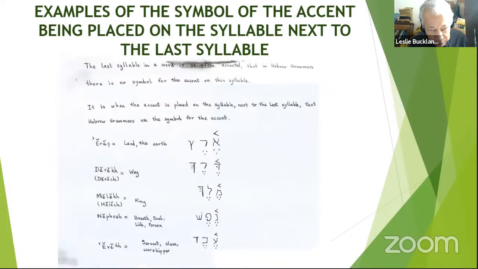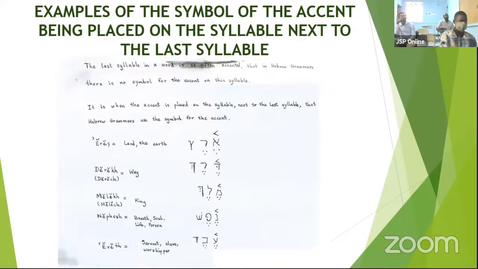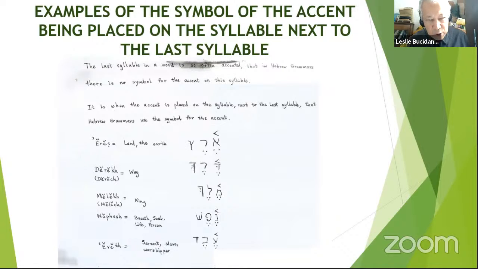The next example is melek. This is another 2-syllable word. Notice that me is the first syllable and lek is the 2nd syllable. Notice also that ordinarily the last syllable would be accented, but it is not accented in melech. The syllable that is accented in melech is not the last syllable, but it is the syllable immediately before the last syllable.